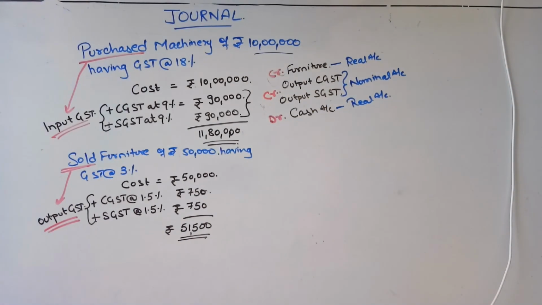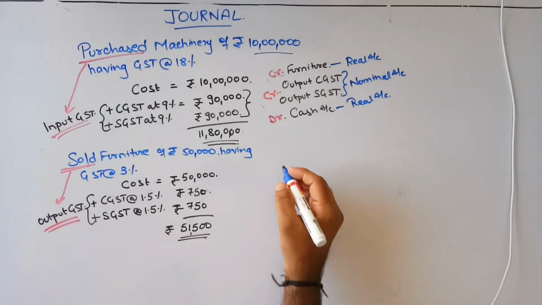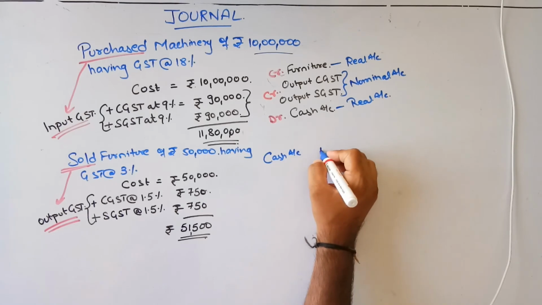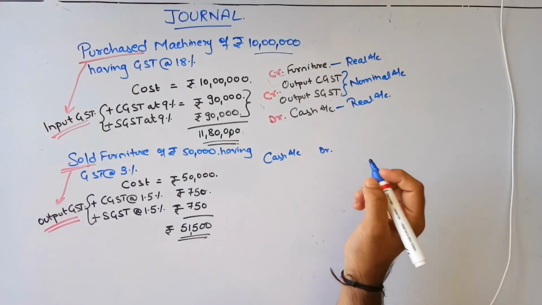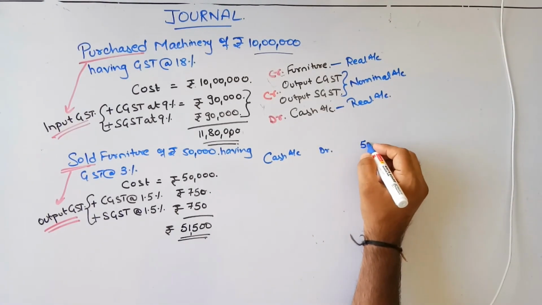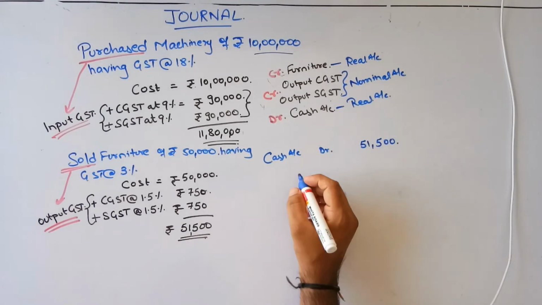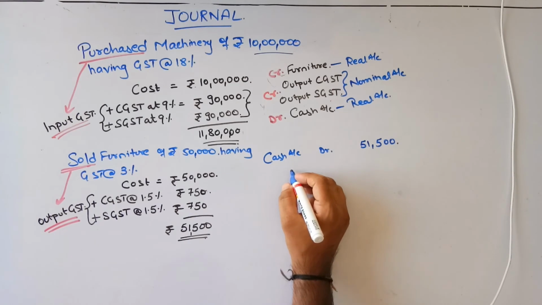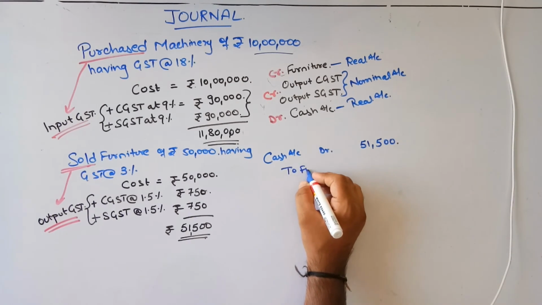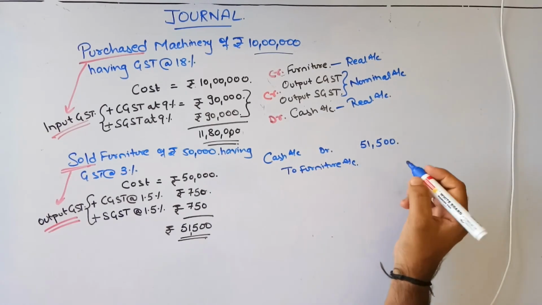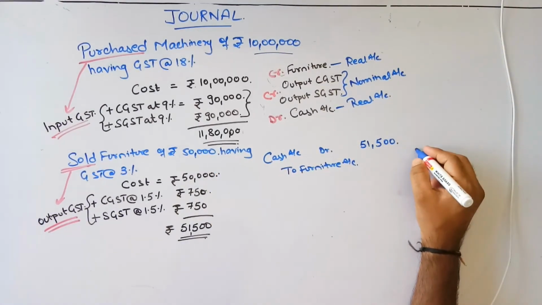Fine. Now tell me the journal entry first. What will be the journal entry? What is coming in? Firstly, what is debit? Cash is coming in, so cash account debit. How much? 51,500. Correct? For cash account debit. Now all the credits: to furniture account. How much is the amount of furniture? 50,000.